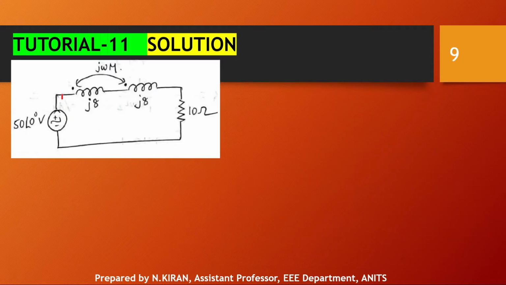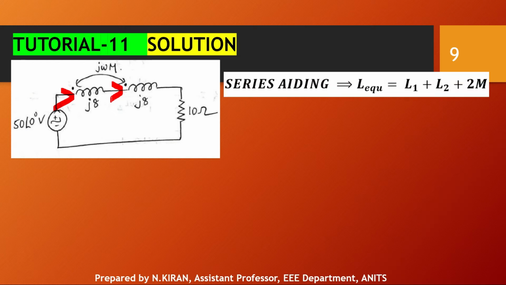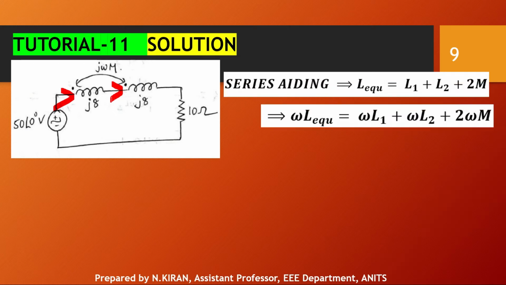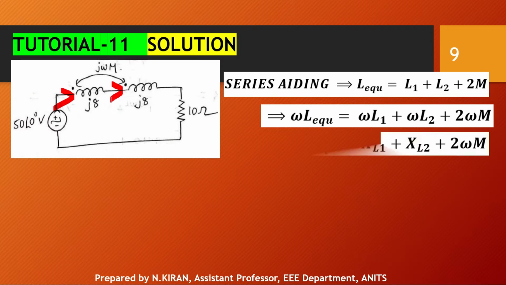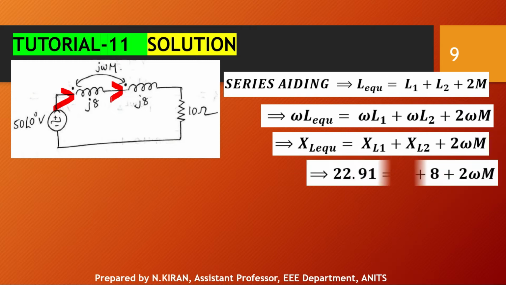As you can observe, the current is entering at the dotted end of the first coil as well as the second coil. So it is series aiding. L equivalent will be L1 plus L2 plus 2M. Multiplying by omega on both sides, omega L equivalent is omega L1 plus omega L2 plus 2 omega M. Omega L equivalent is nothing but XL equivalent. Omega L1 is XL1, omega L2 is XL2. XL equivalent we have obtained to be 22.91. XL1 is given as 8, XL2 is also given as 8.